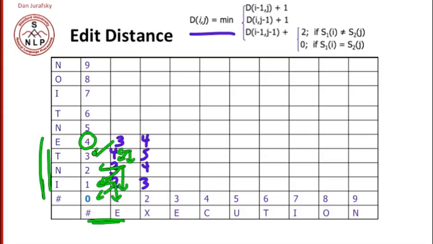So the minimum path for this 3 came from that 3.